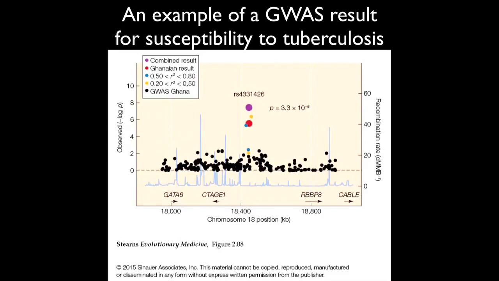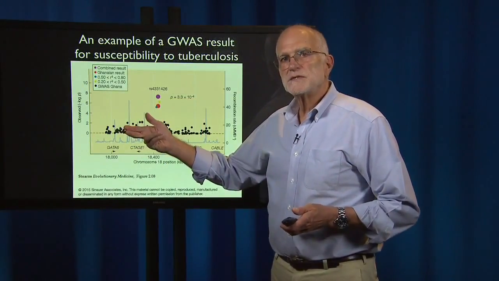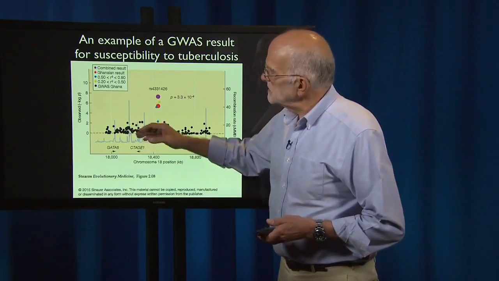And the black dots and the colored dots here are the probabilities that a particular SNP is associated with the disease. The way this is done is you have a sample of people that do or do not have the disease and do or do not have the SNP, and you march down. In doing the analysis, you go right down the chromosome, looking at each position and asking how strongly is this position associated with the disease.